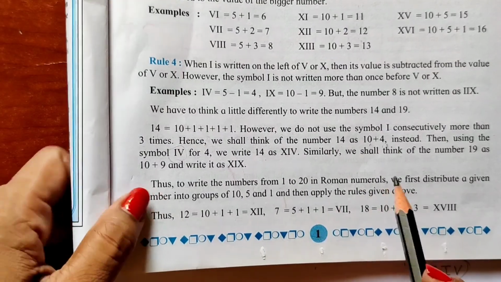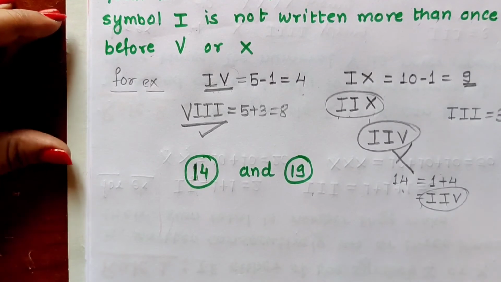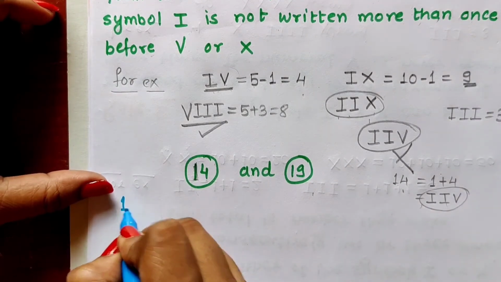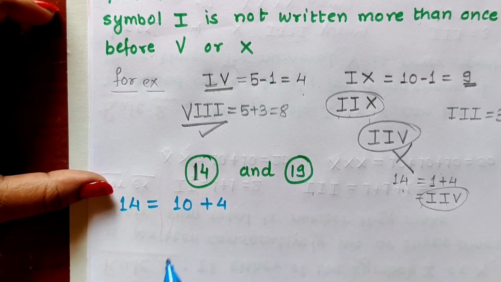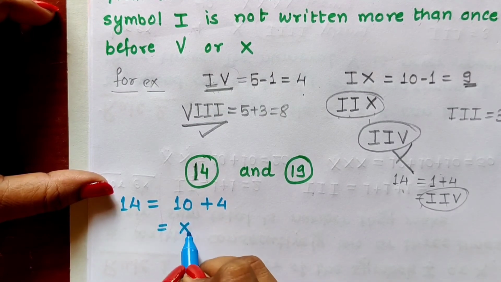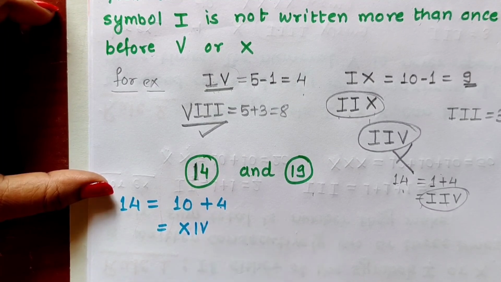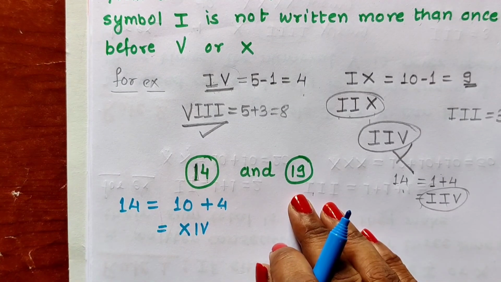Are you understanding how we can write 14? 14 can be written as 10 plus 4. 14 means what? 10 plus 4. And for 10, we use symbol X. And for 4, we use symbol IV. So, in this way, 14 can be written. For writing 19, how do we have to think?